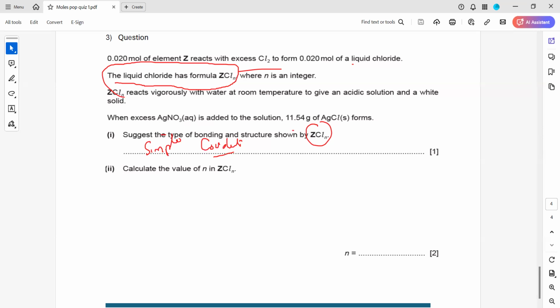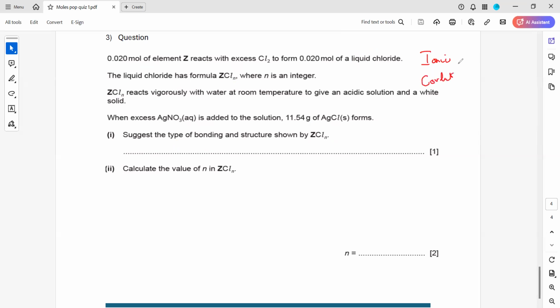Is it clear? The first point is how we predict the type of the molecule as well as the type of bonding. Why simple? Because if it was a giant or macromolecular structure, then this compound should be solid at room temperature. So when we predict, what are the characteristics? There are two possibilities: it might be ionic or it might be covalent.